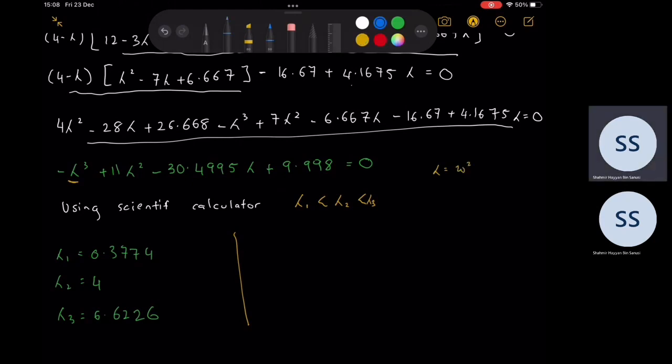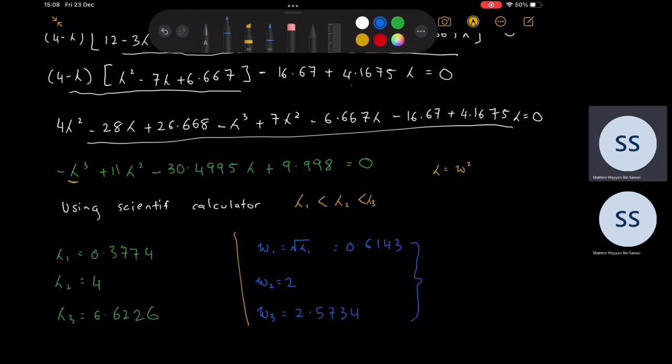So from the lambda value itself, we can get our omega 1, which is the square root of lambda 1. That gives us 0.6143. Omega 2, which is the second natural frequency, is 2. And omega 3 is 2.5734.